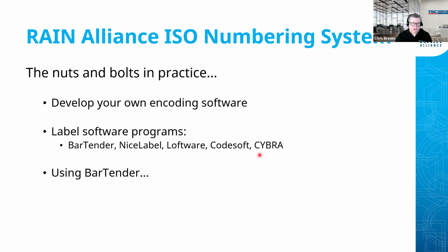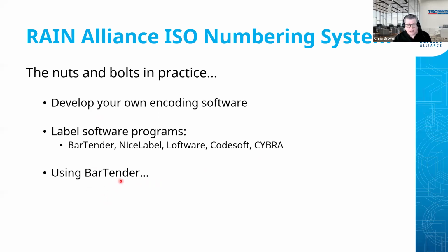So these are commercial label softwares that allow you to generate RAIN RFID encodings when you are printing and encoding a label, okay? I'm going to use Bartender. We're not favoring Bartender here, but I'm most familiar with it. And they recently did something very nice in their interface to support RAIN Alliance ISO numbering system encodings.